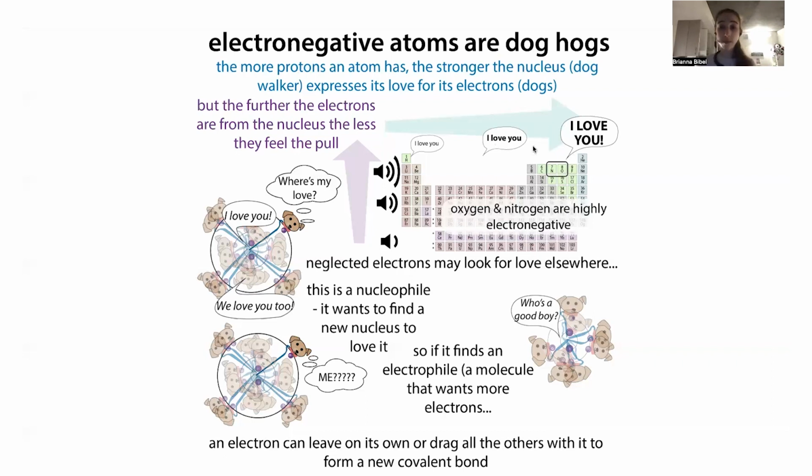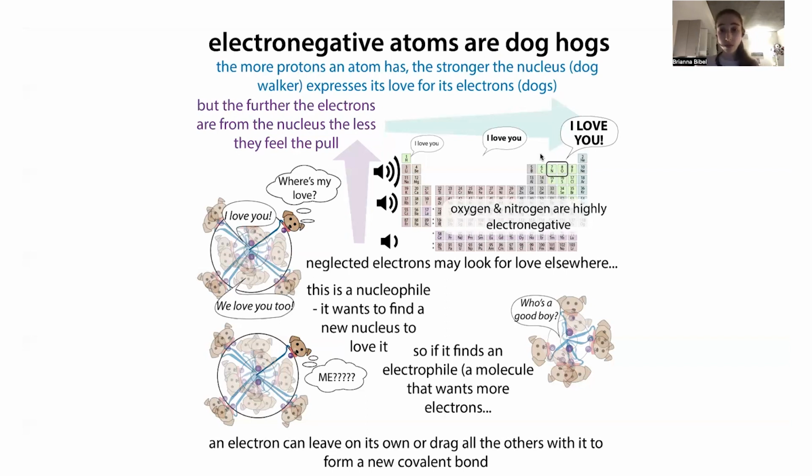That's on the up and down, because as you get further down the table, you're getting farther and farther away from the nucleus. You're adding more and more shells in between the nucleus and those outer electrons. So why is it the right?